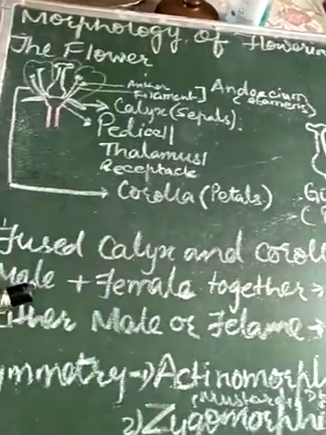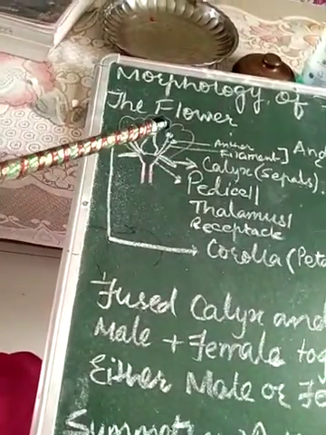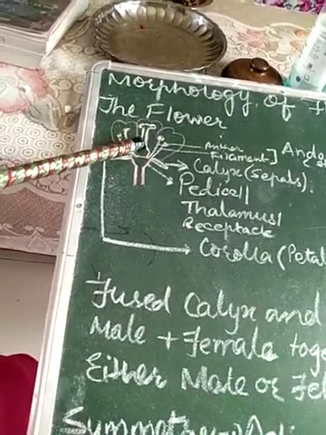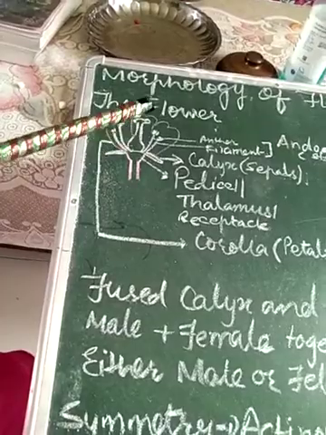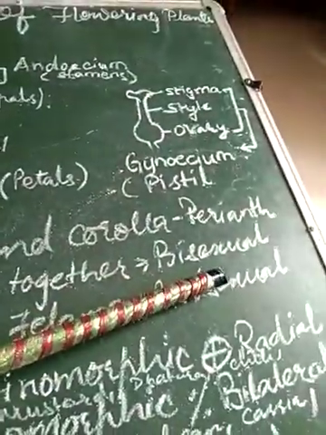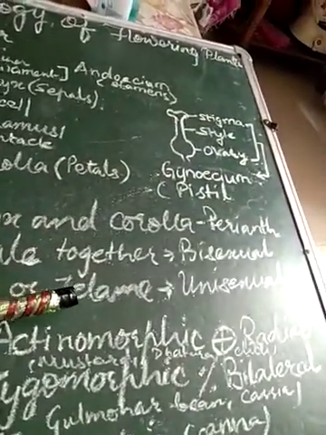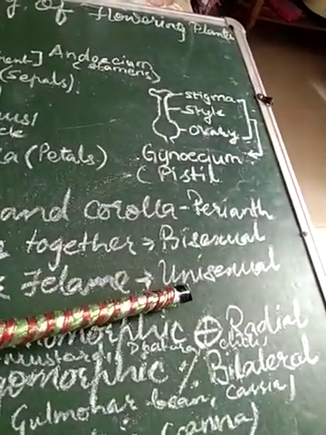Next, if we find both the male and female reproductive units, that is the stamen and pistil, or we can say androecium and gynoecium, then such a flower is called a bisexual flower.